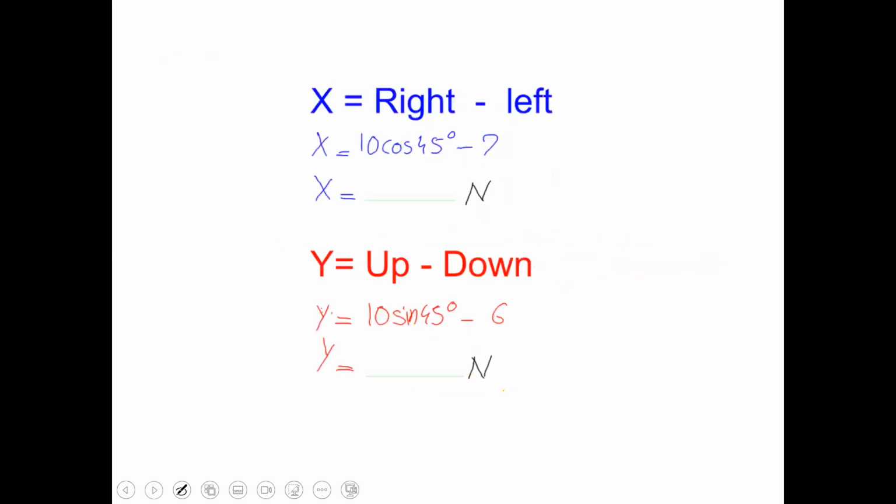Now, what is step number 2? Right minus left and up minus down. You have to copy this screen under the title of x, right minus left.